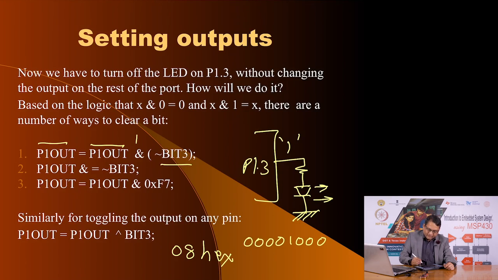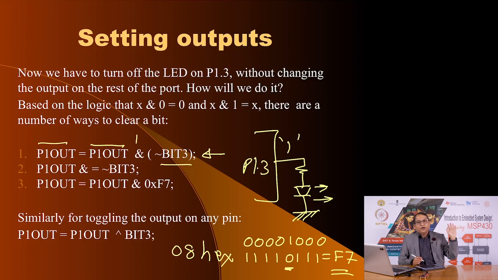Now, what is the invert of that? It becomes 1, 1, 1, 1, 0, 1, 1, 1, which is equal to 0xF7. So, without explicitly mentioning F7 hex, I have inverted that bit and involved it in the operation. It takes the original value of the port 1 out register and ANDs it with this F7, which will make bit 3 equal to 0, and I send that information to that port.